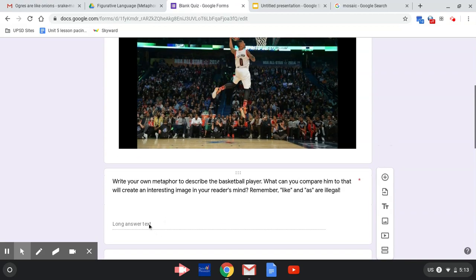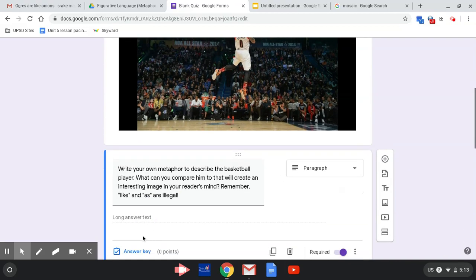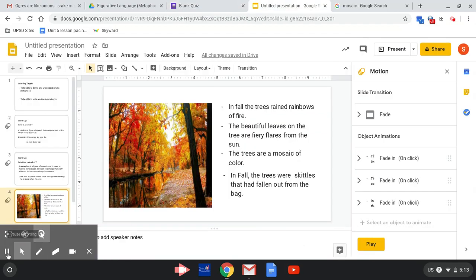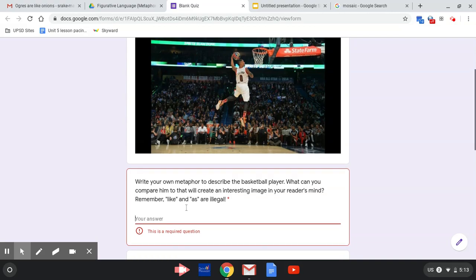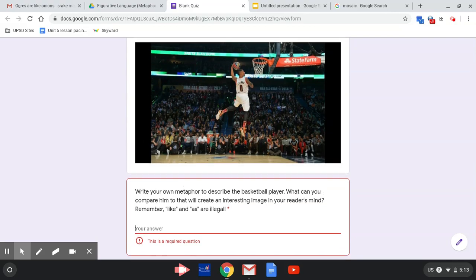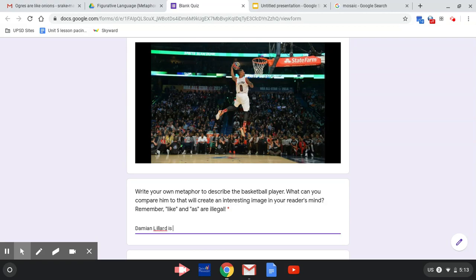So here, where I have to write my own metaphor of this image, I might say Damian Lillard is a jet plane as he takes off through the air.